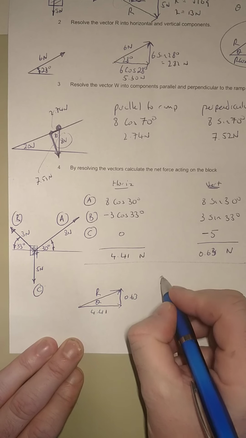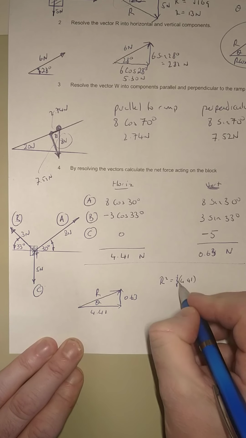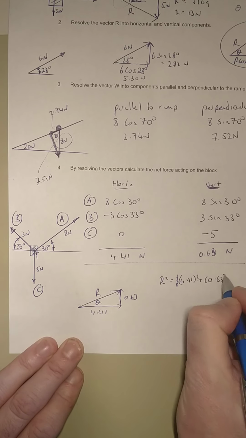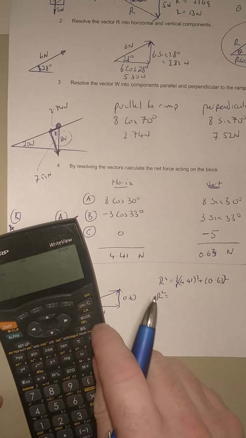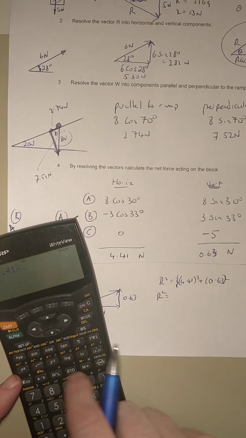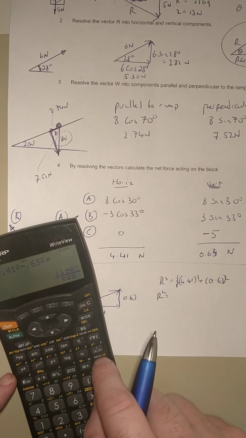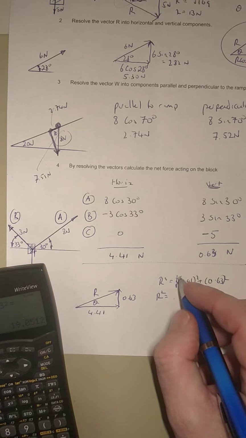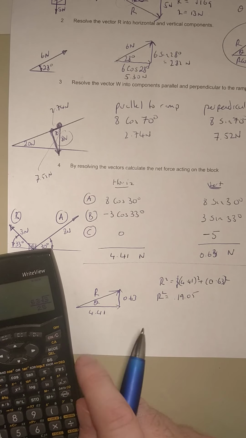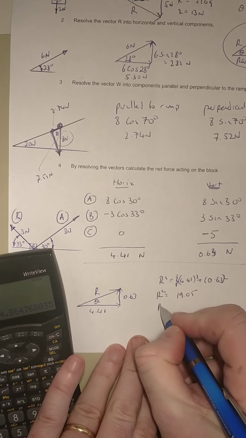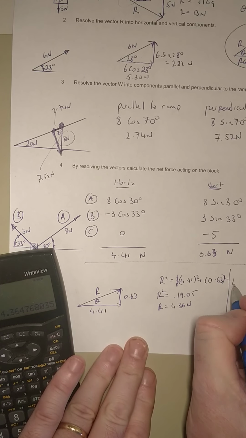So Pythagoras' theorem to get the magnitude. r squared is 19.05, square root that, and we're getting 4.36 newtons.